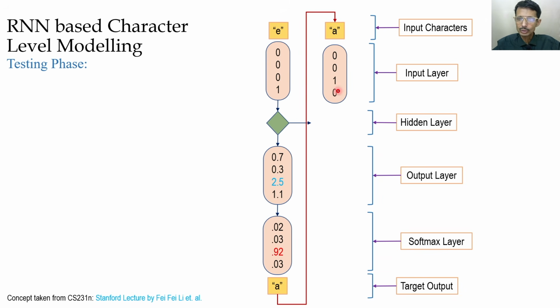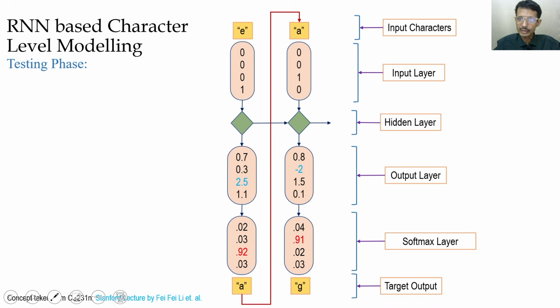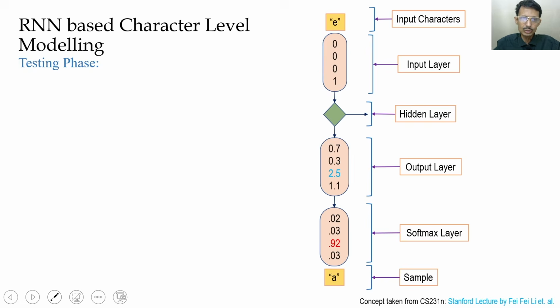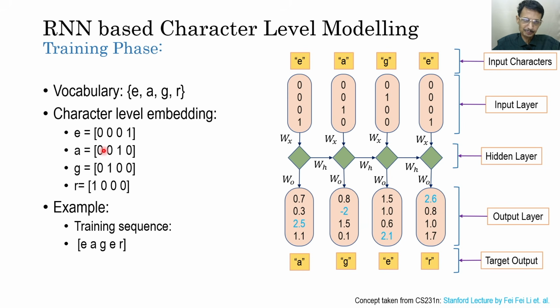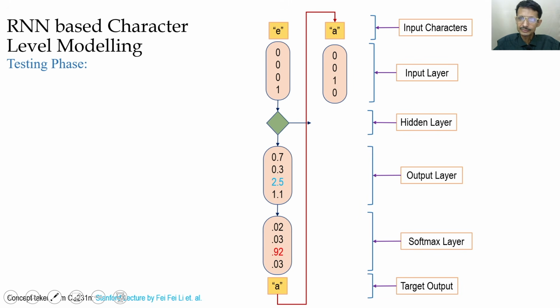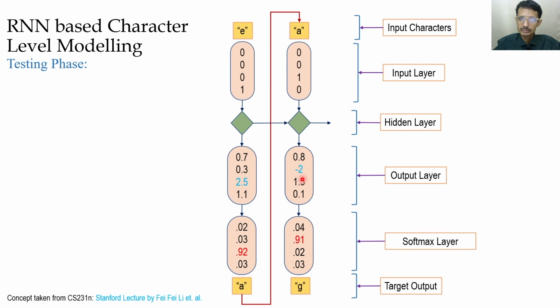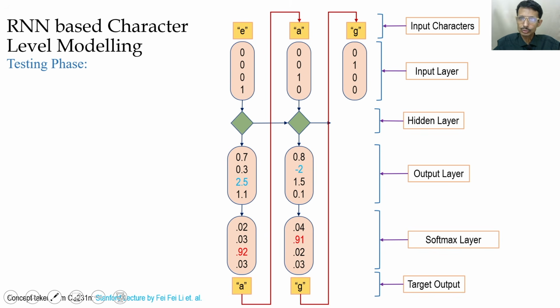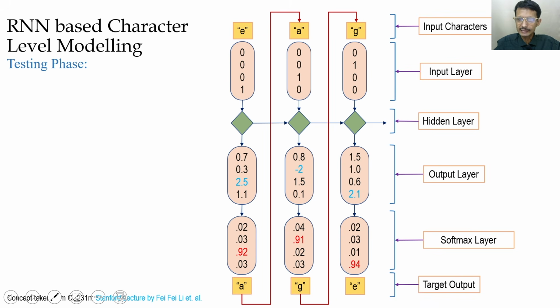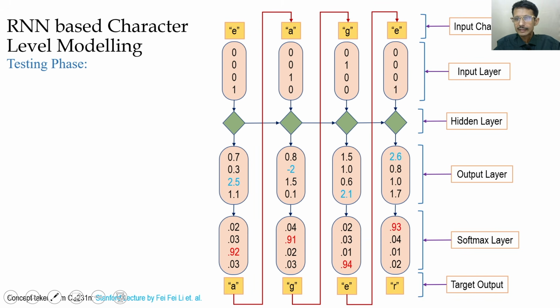Now 0010 again comes to the hidden layer, and we find G. This G is 0100, our G. Now again this G comes to the next state, and then again we can find E. So E, A, G, E, and R is the target output.